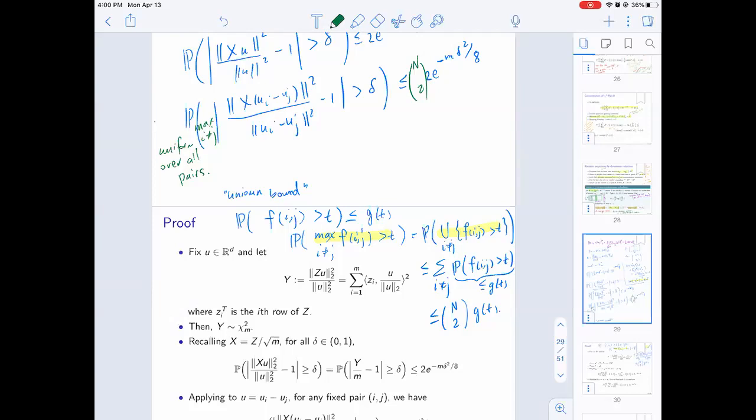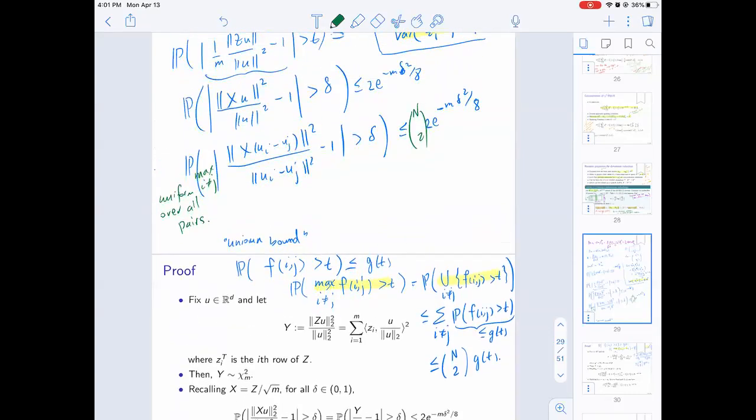But this is saying that this union of these events, or basically this uniform event, holds with a certain probability, which is a much stronger result. So to guarantee that none of them is bigger than delta, that would be the complement of this event. I will have the probability 1 minus n choose 2 times that. Whereas for any particular one of them bigger than delta, I could have it with larger probability. In any case, this is a uniform bound.